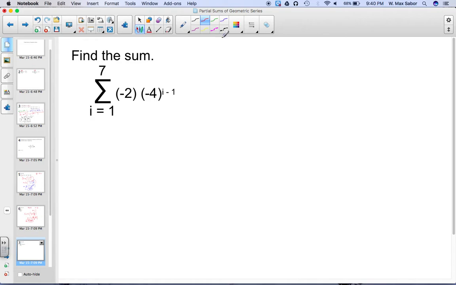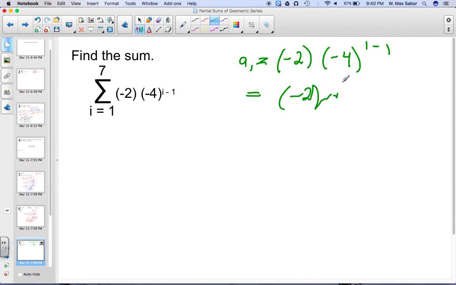Find this sum. So we have a sub 1. Our first value is when this is 1. We have 1 minus 1 is 0. Let me do it out. Negative 2 times negative 4 to the 1 minus 1, negative 2 times negative 4 to the 0th, negative 2 times 1, negative 2.